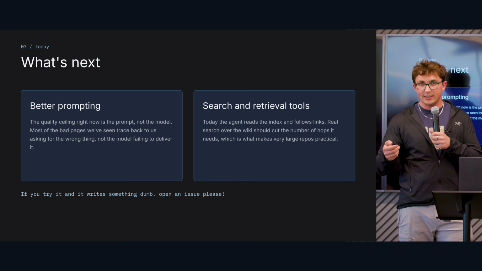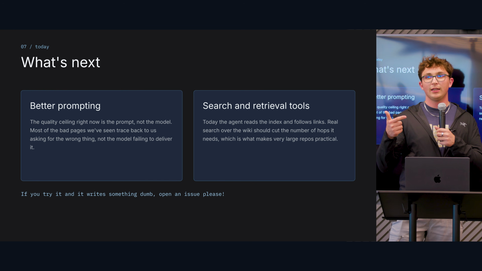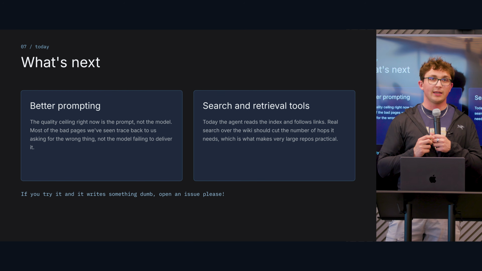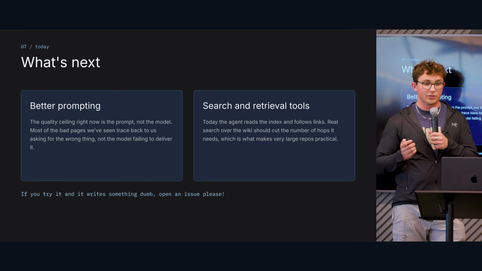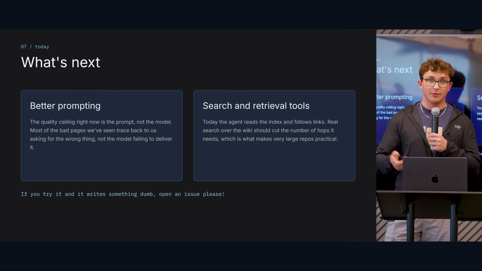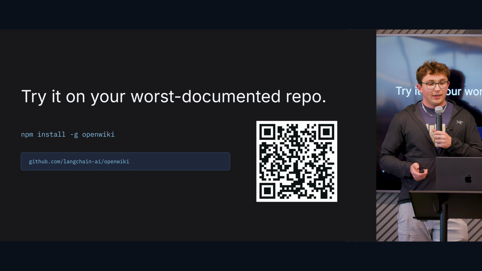That's great, and agents will ingest this, but giving it dedicated tools for searching and filtering and querying the wiki is a clear next step, and we've already seen gains from that in some of the evals we've been running that are not merged. So better prompting, of course, and more specific retrieval tools for your wiki is what we're going to come out with soon. And yeah, that's it.